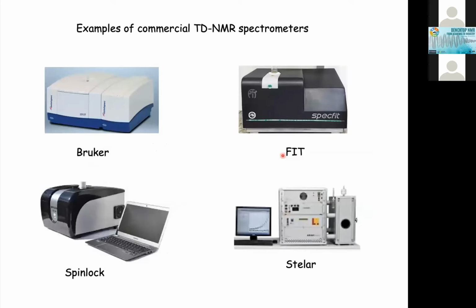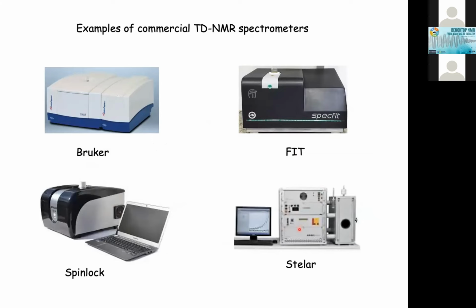And these are some of the instruments that are on the market. And these four are manufacturers that will give talks in this workshop. This is one Bruker made in Germany. This is a FIT made in Brazil. This is Spinlock made in Argentina.